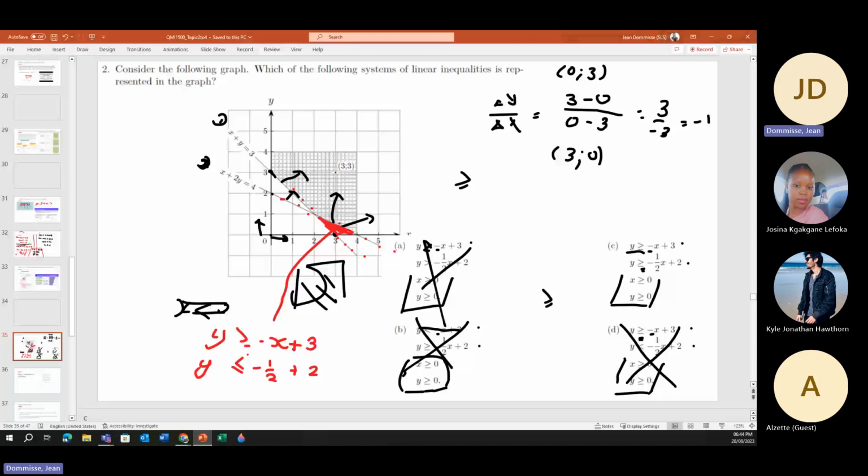So if you want to look at this same slide again, let me quickly look for linear inequalities in two variables, and you also have calculate a graph.